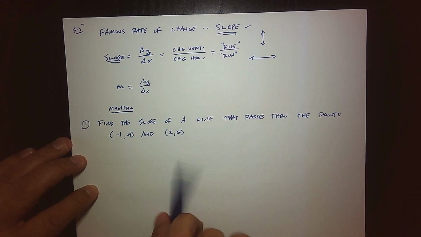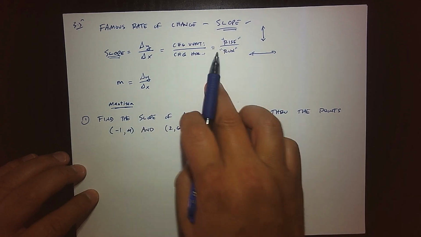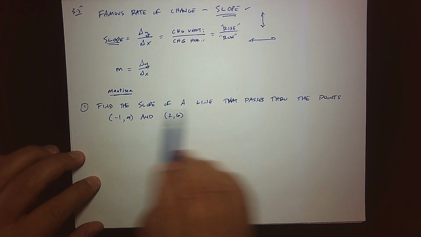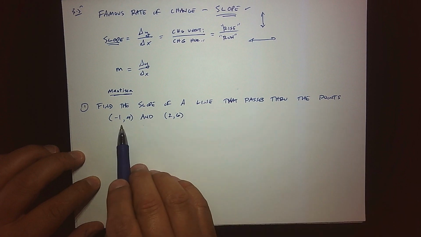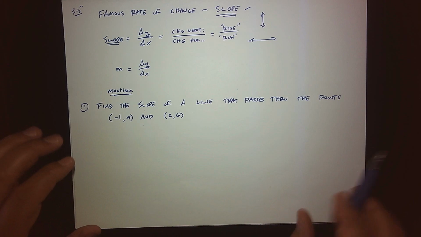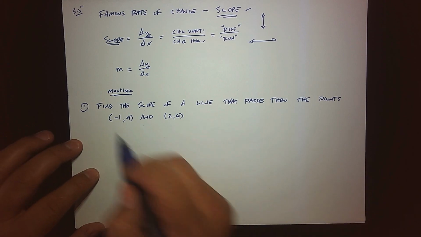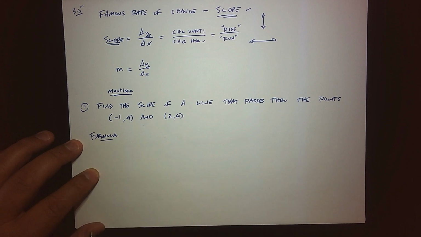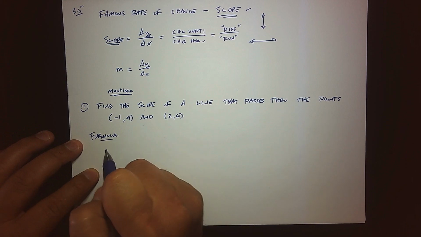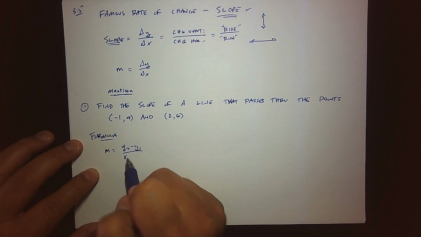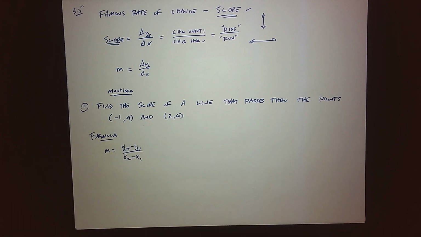So let's go ahead and look at that now that we have a definition. For a similar problem, we're going to find the slope of a line that passes through the points (-1, 4) and (2, 6). A couple of ways that we can calculate that slope: one is using a famous formula. That famous formula you probably know as y2 minus y1 over x2 minus x1.